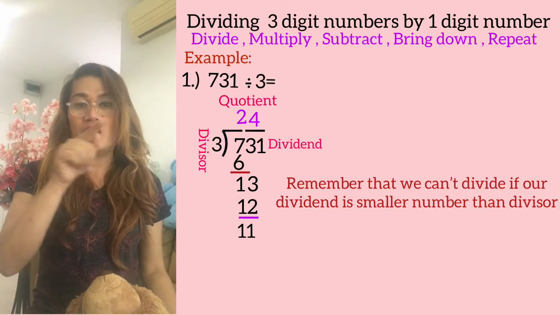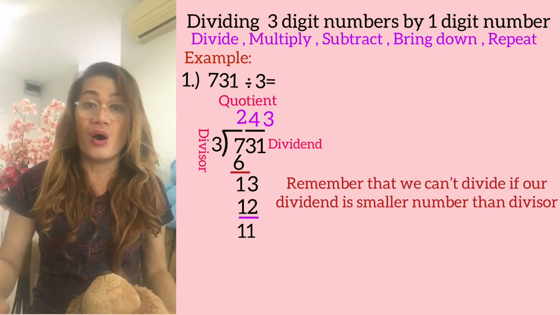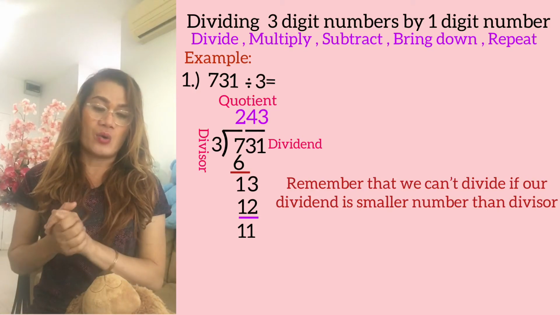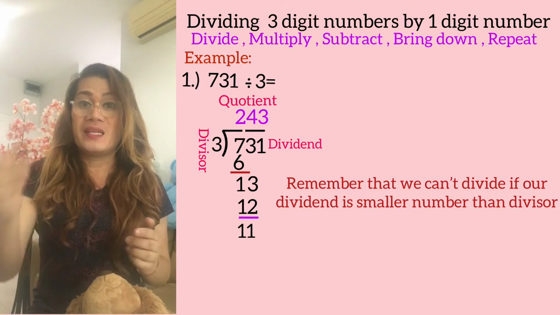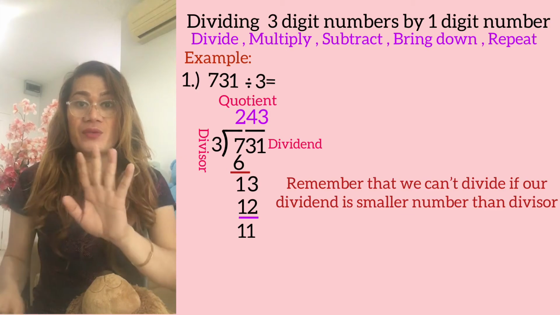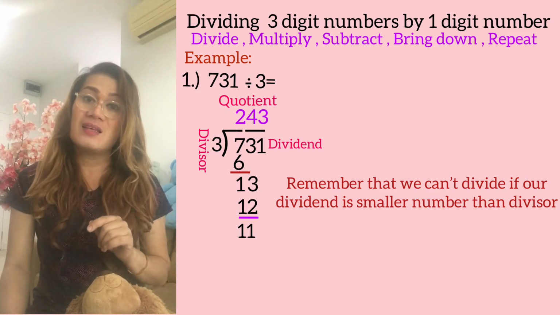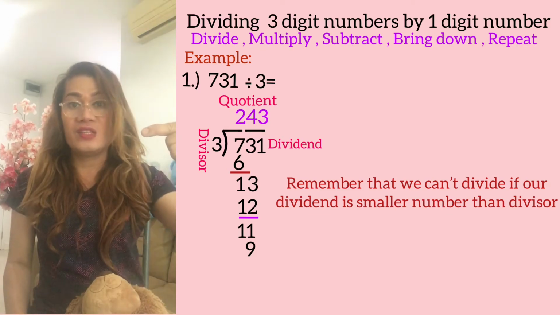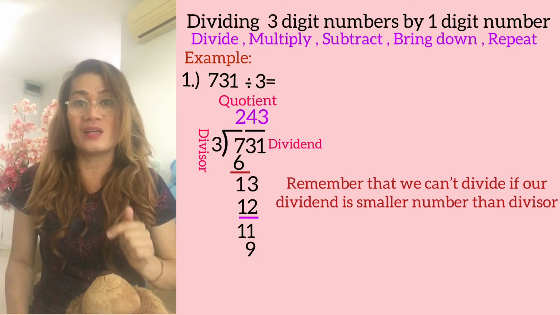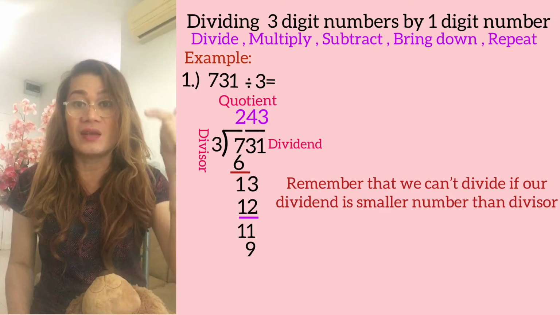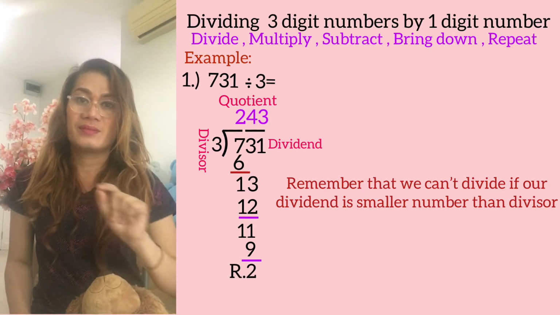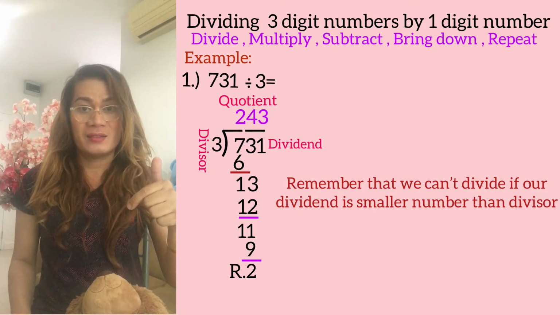So we put our number 3 on top of the 1 in our dividend. We repeat again: multiply, 3 times 3 equals 9. Then we subtract again: 11 minus 9 equals 2. So we have 2 here.